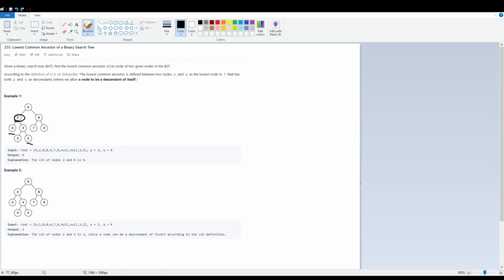Great, that's the lowest common ancestor. 0 can't be a solution because 5 is not a descendant of it, and 4 is not a solution because 0 is not a descendant of 4. So that's basically how we're gonna go through this algorithm. It's a breadth first search and it's gonna take linear time, O(n).